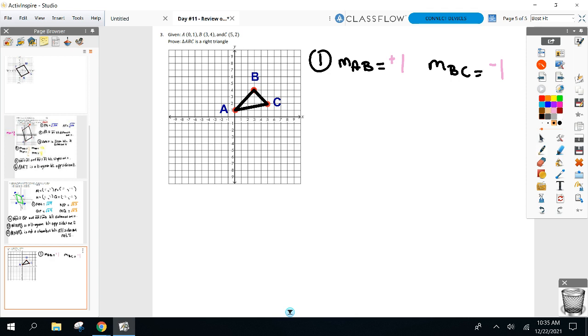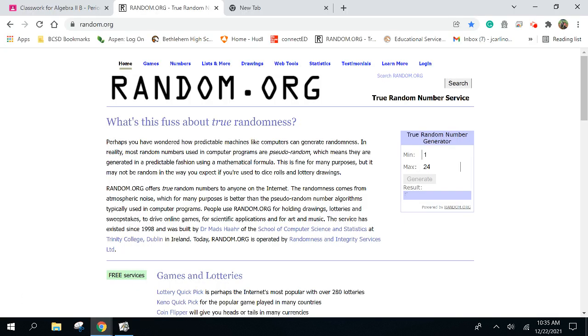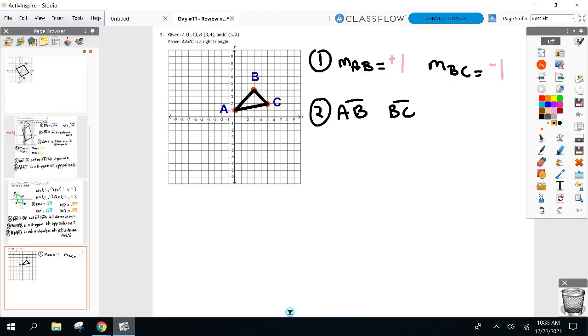So what do I know then about AB and BC if their slopes are negative reciprocals? What do I know about the two? Because they had negative reciprocals? Oh, no. If two slopes have negative reciprocals, the lines are not parallel. And also think about it.